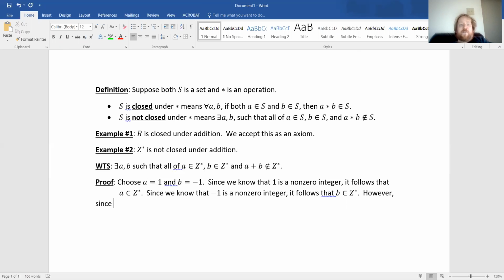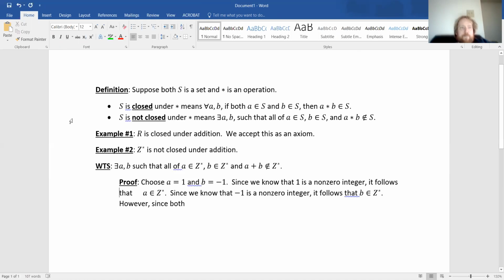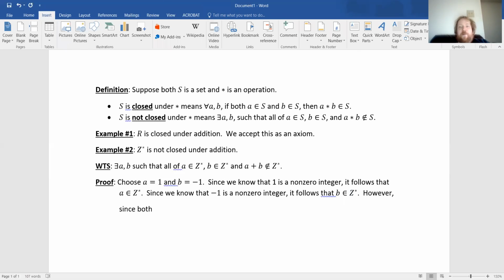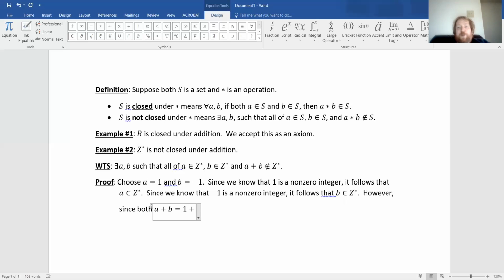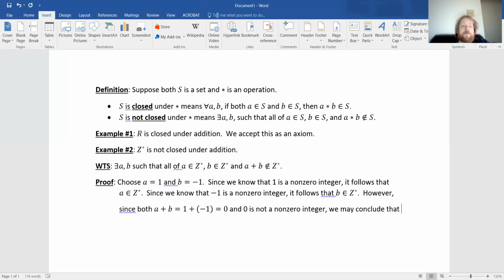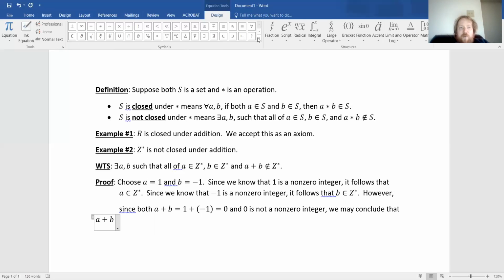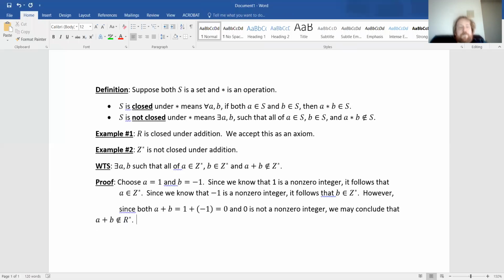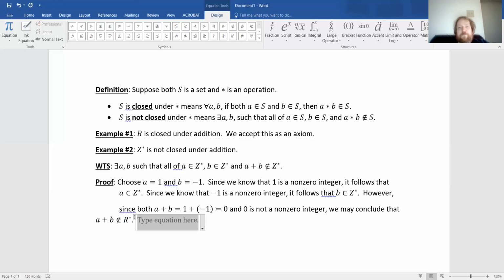However, since A plus B equals 1 plus -1 equals 0, and 0 is not a non-zero integer, we may conclude that A plus B is not a member of Z star. And this ends the proof.